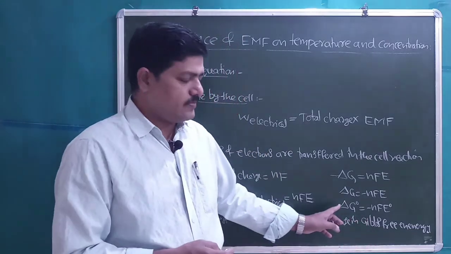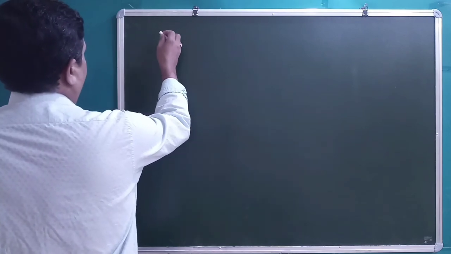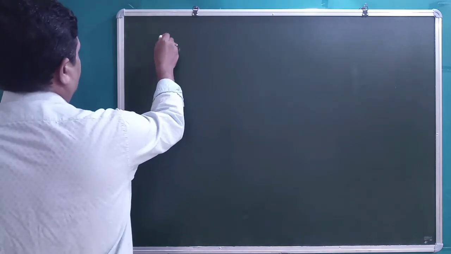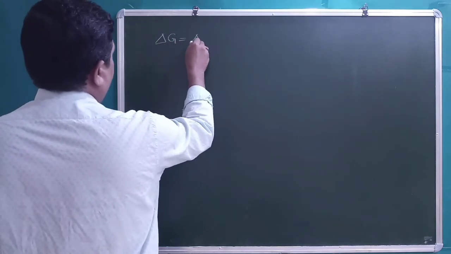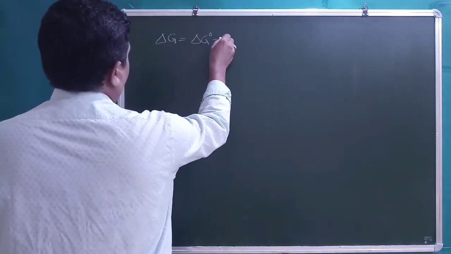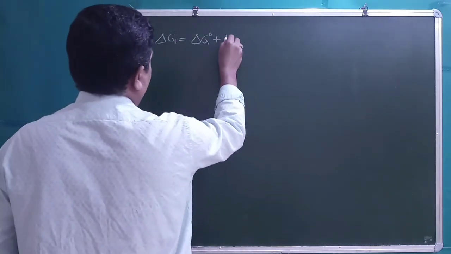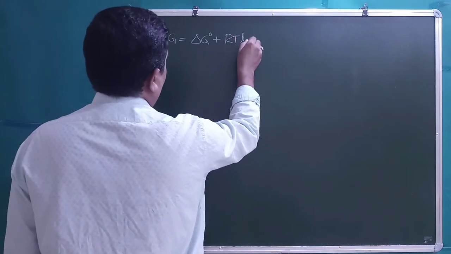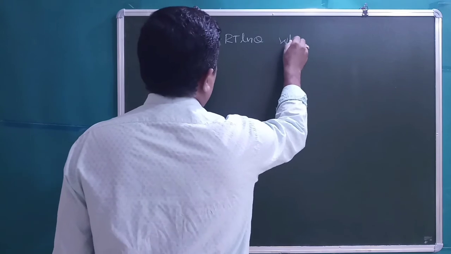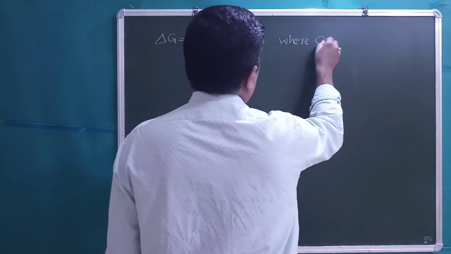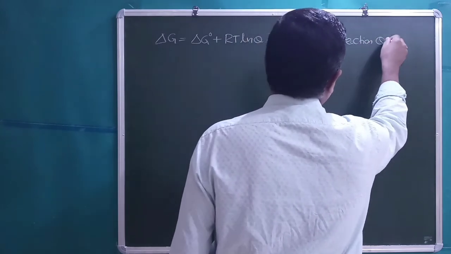Students, now let us derive the Nernst equation. The relation between delta G and delta G naught and reaction quotient Q is delta G is equal to delta G naught plus RT ln Q, where Q is known as reaction quotient.